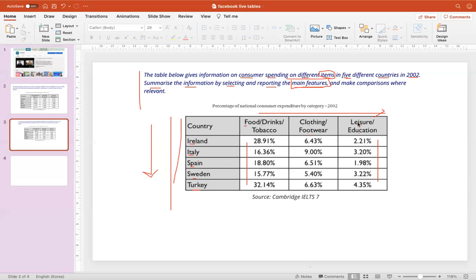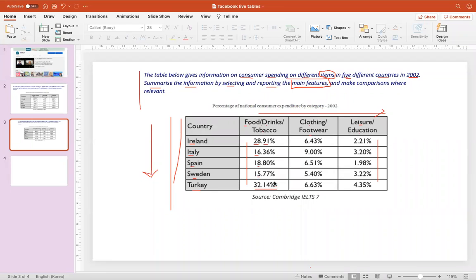It's pretty simple. Okay. So we can see in Ireland, for example, if we take the first country, that 28.91% of spending is on food, drinks, and tobacco, which is quite high. Because if you look at Italy, it's only 16, and Spain's only 18, and Sweden is 15, but Turkey is 32.